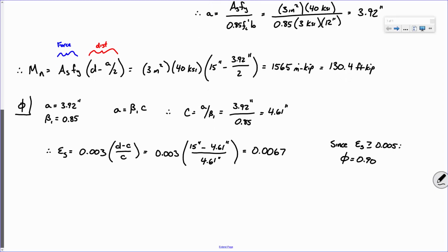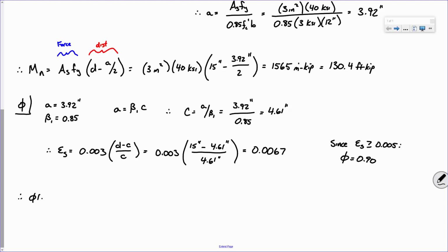So therefore, phi Mn is 0.9 times 130.4 foot kips. Phi Mn is what? 117.36 foot kips.